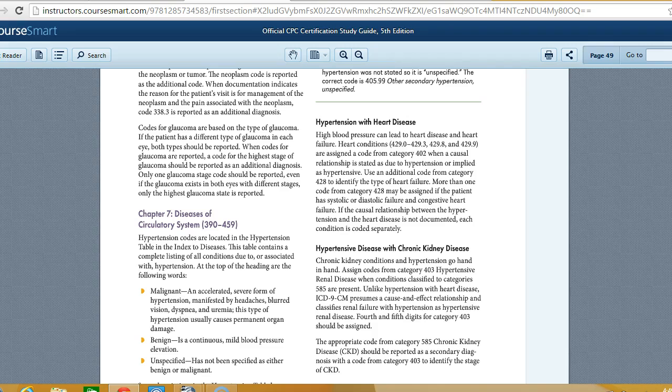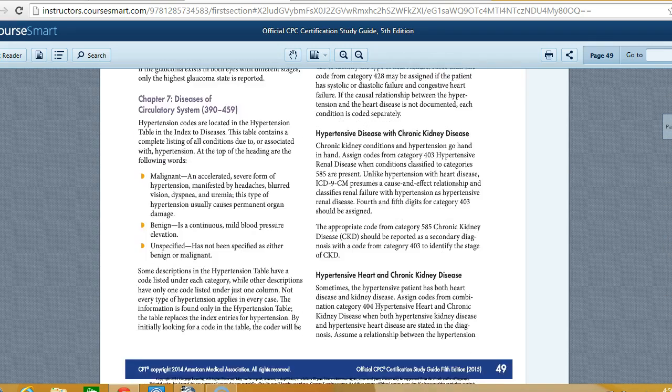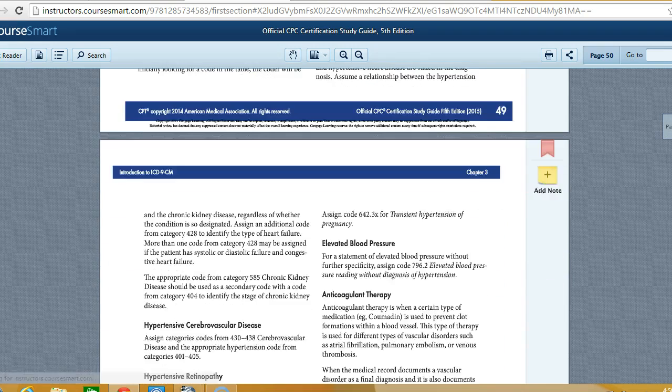So if you have a chronic kidney disease of stage 5, your fifth digit of your hypertension is going to correlate to either 0 or 1 according to whatever stage the CKD is in. Okay?